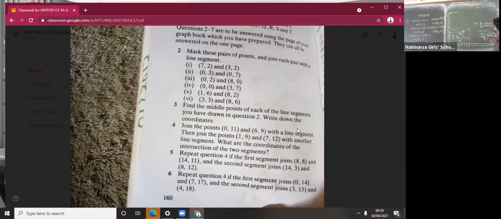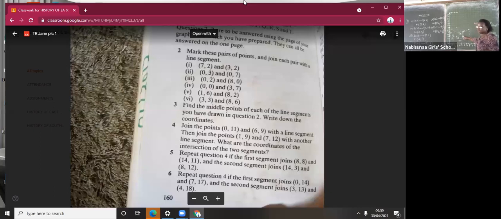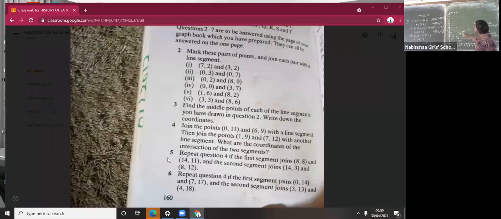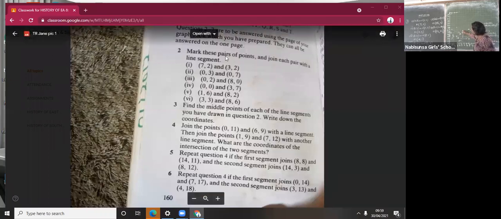And 3 divided by 2 gives 1.5. We go back to our starting point, which was 3, and move across 2.5. Vertically, we move 1.5. So we locate our midpoint.